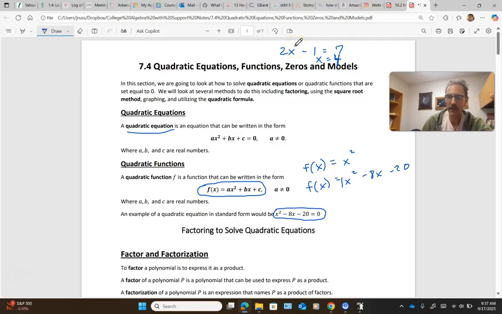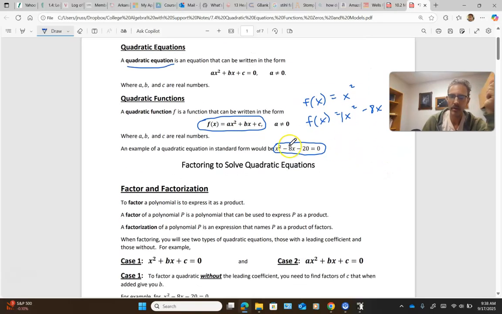Substituting values in for x, multiplying by 2, subtracting 1, and see if they give you 7. When you have a more complex quadratic equation, that trial and error method is not going to be very efficient. Not that it ever really was to begin with.